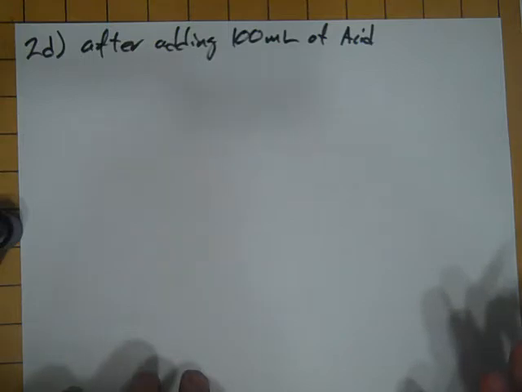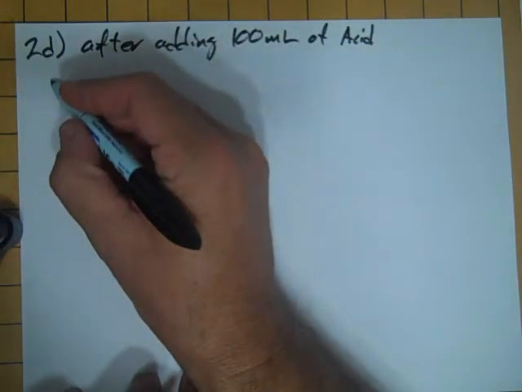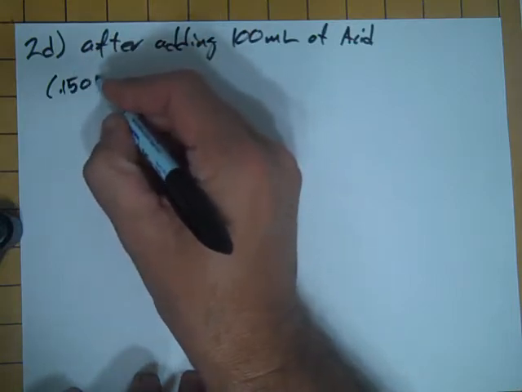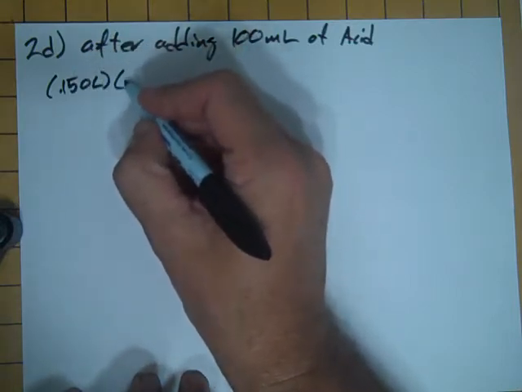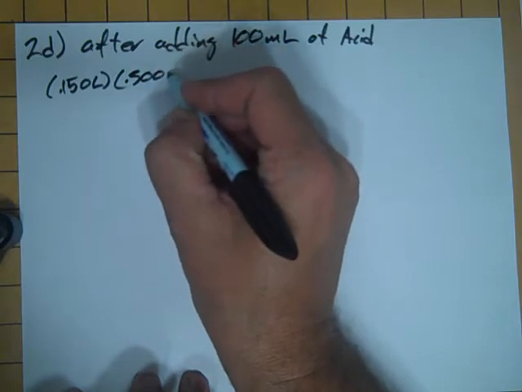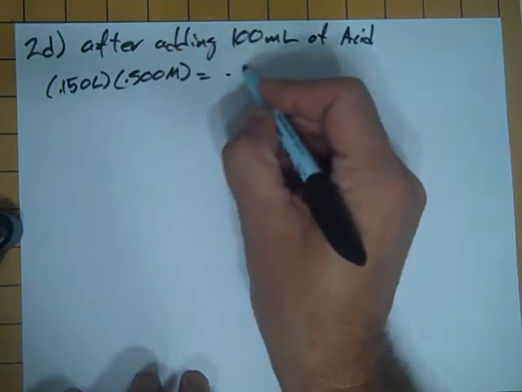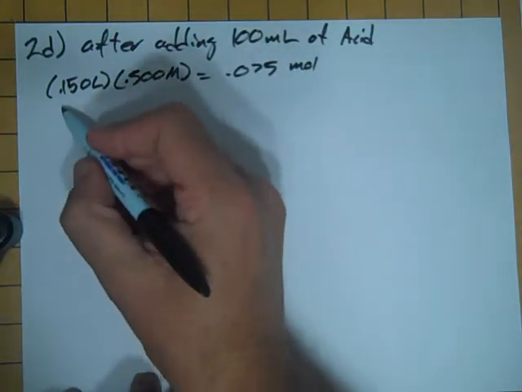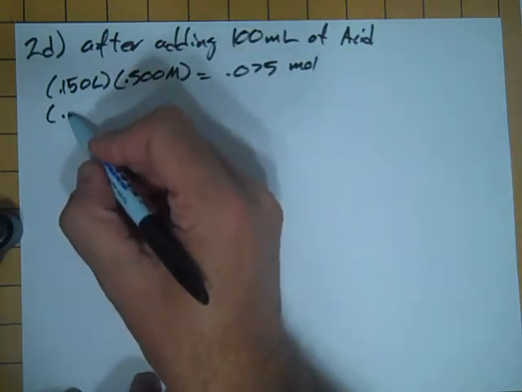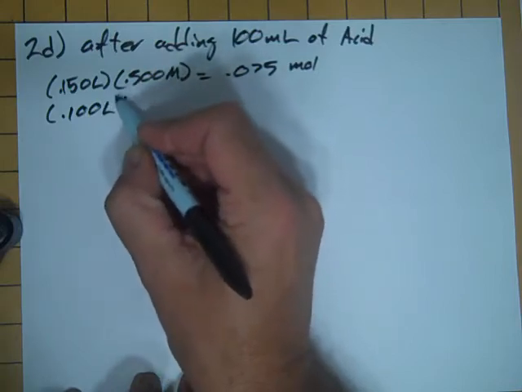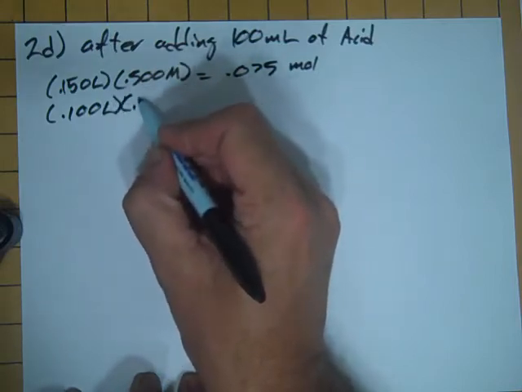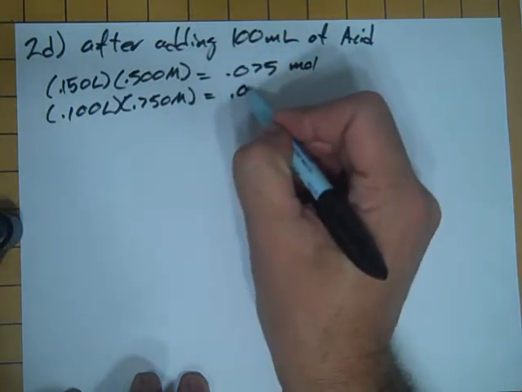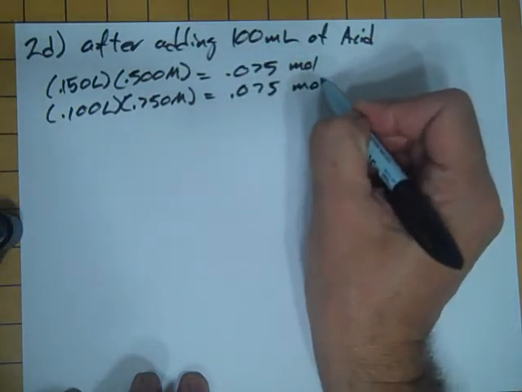However, you'll come into a problem because when you figure out that 0.150 liters times 0.500 molar equals 0.075 moles, then we get to the fact that 0.100 liters times 0.750 moles per liter equals 0.075 moles.